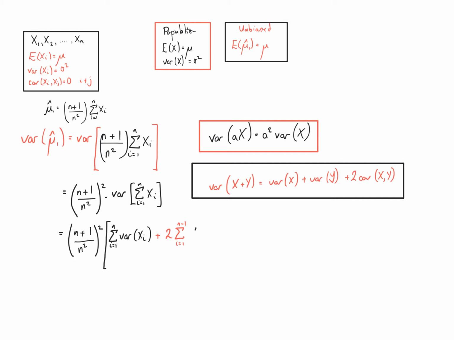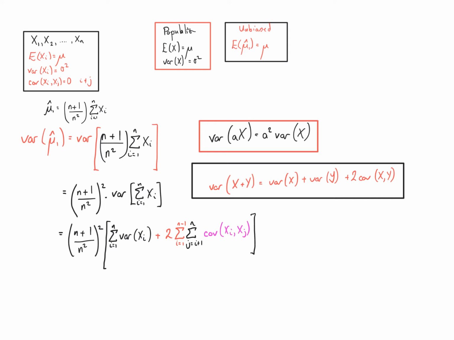And then for each of those i's, we have the sum from j equals i plus 1 to n of the covariances between xi and xj. And this takes account of all of those cross product terms.